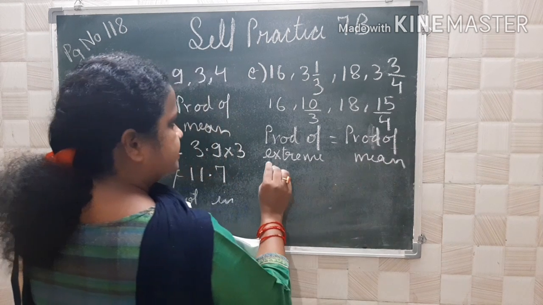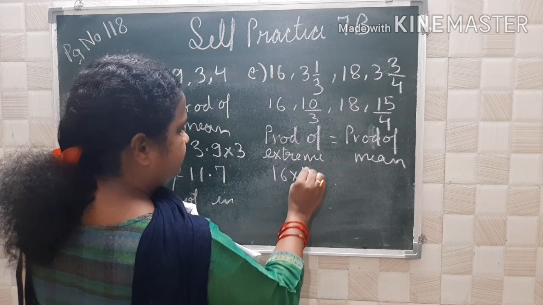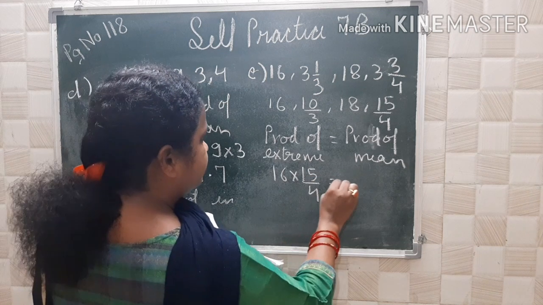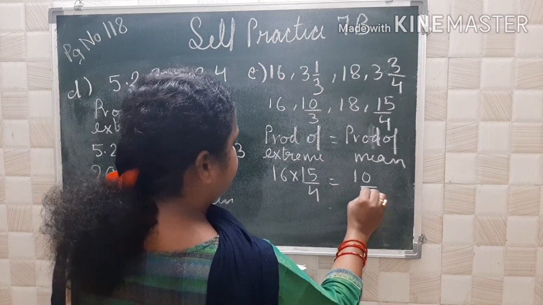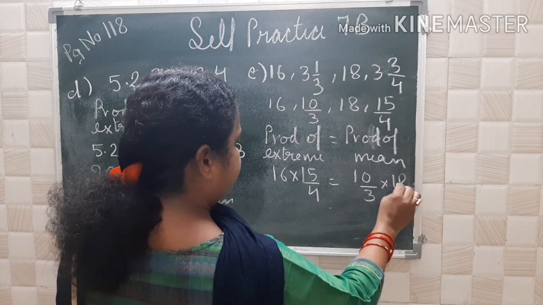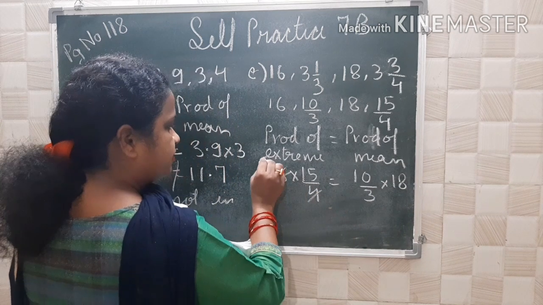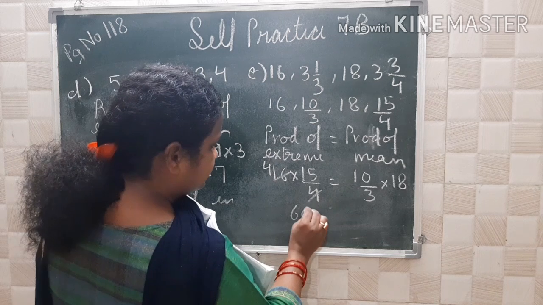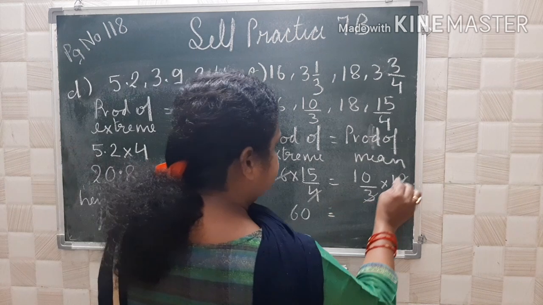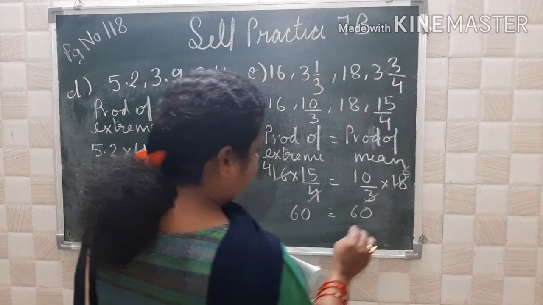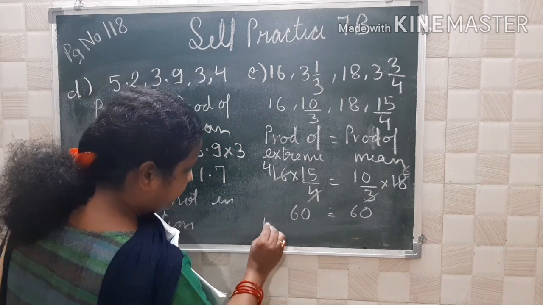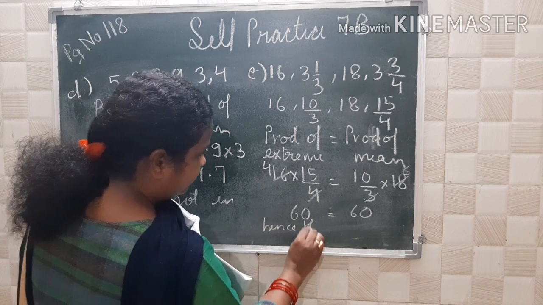Now, 16 into 15 by 4 is equal to 10 by 3 into 18. So 4 4s are 16, and 3 6s are 18. Both are equal to each other, hence they are in proportion.